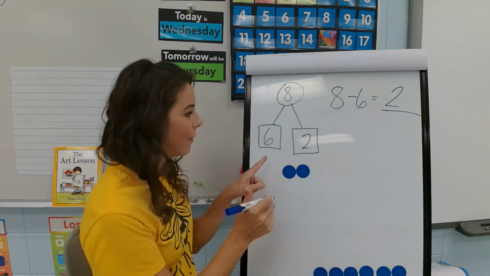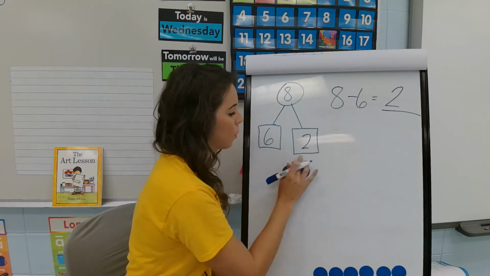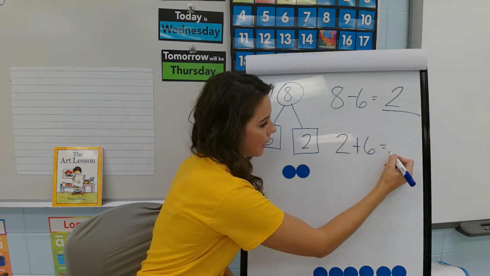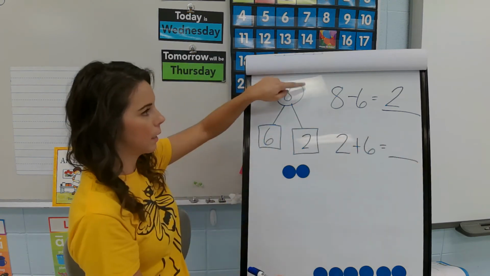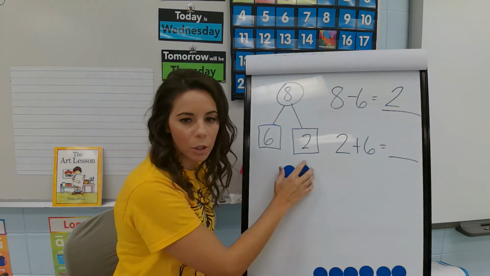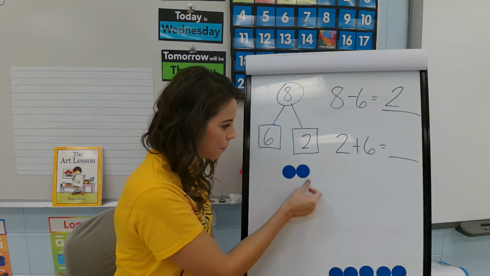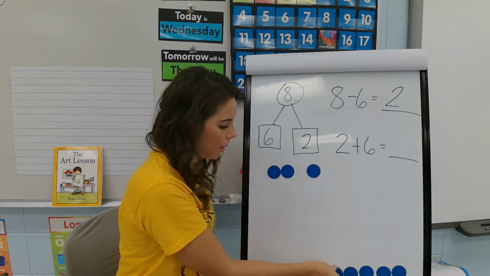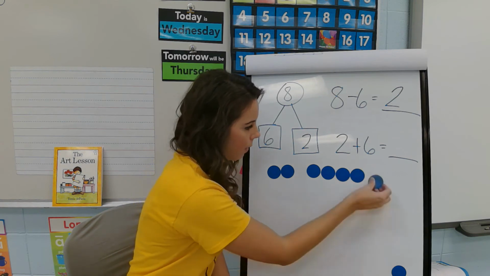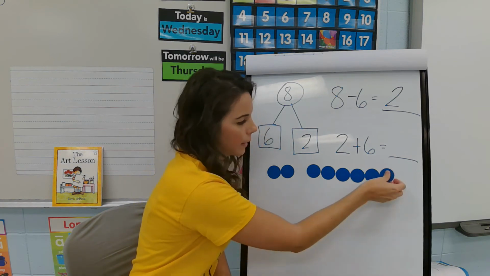So we have our 2 parts. Let's add those together. 2 plus 6. Let's make sure it still equals 8. We have our 2. Let's add our 6 back. 1, 2, 3, 4, 5, 6.